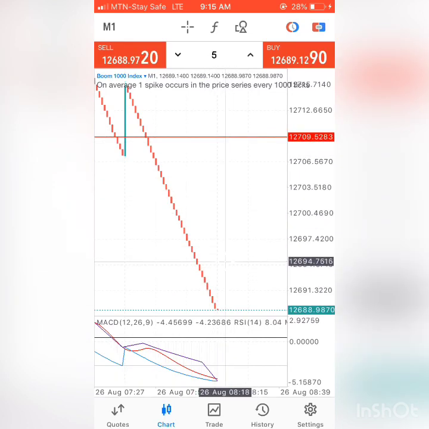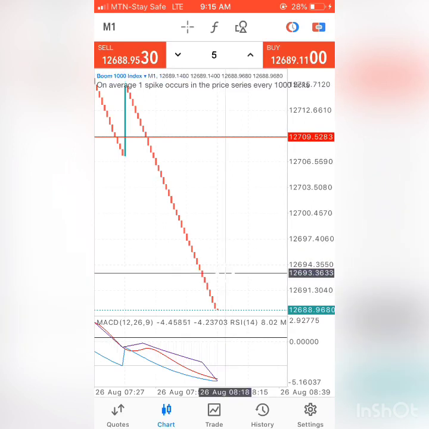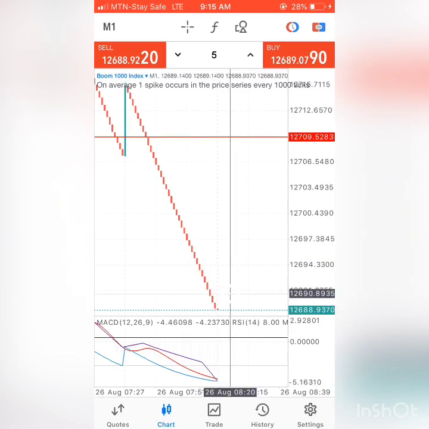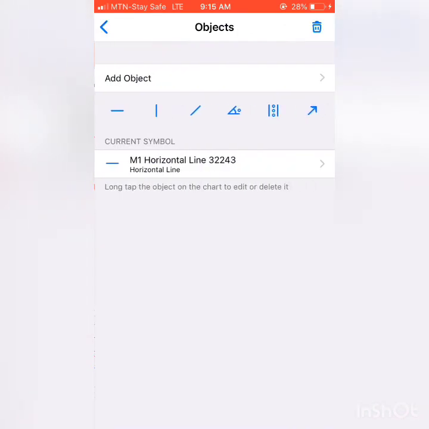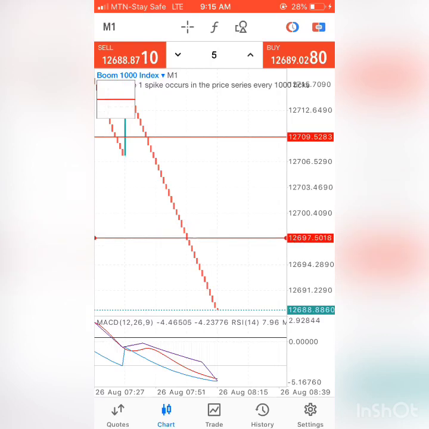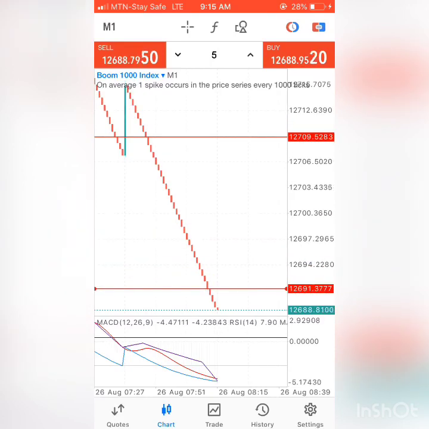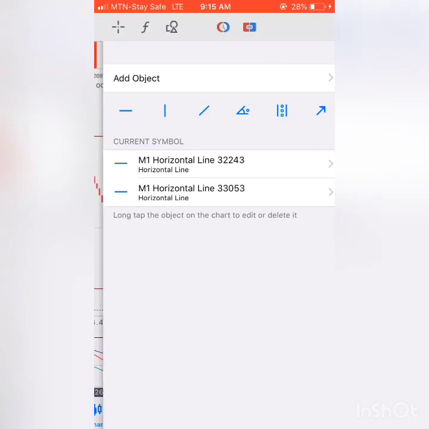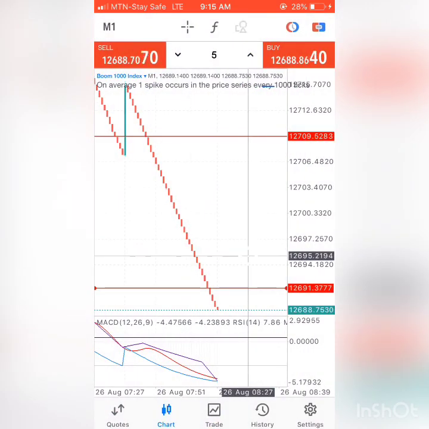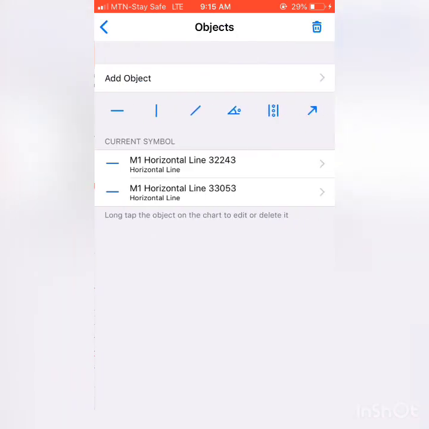Let's say I got into this trade here at this level. Now a spike happens, and I kept my stop loss here in case the spike comes.